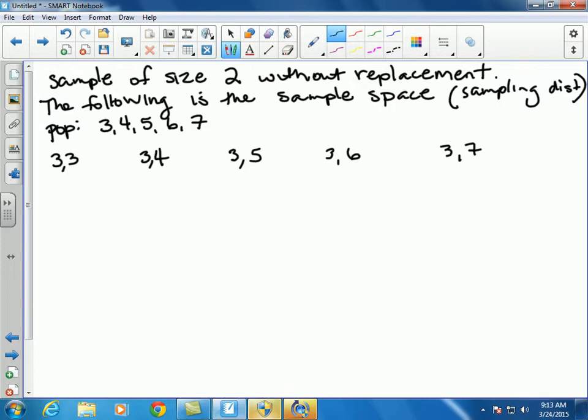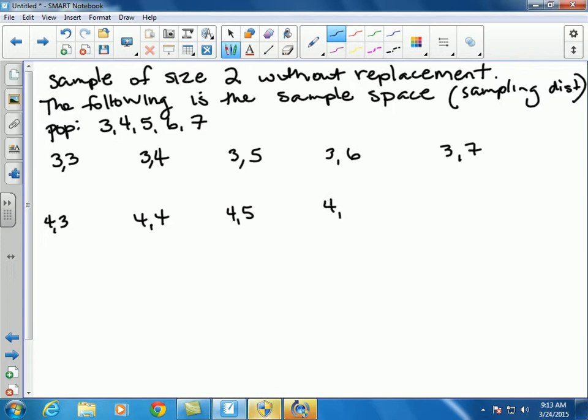You could do the same thing for the 4s, right? That you pull a 4, put it back in. You could have also pulled a 4, put it back in, and pulled out a 3. I'm going to erase just the order I've done that because I think it will look better in notes. So you pull a 4, put it back in, pull a 3, then you pull a 4 and a 4. You could then pull a 4 and the 5.